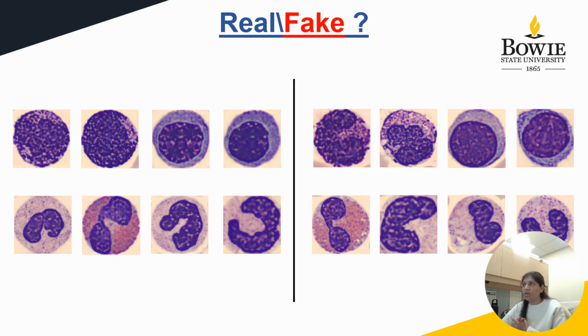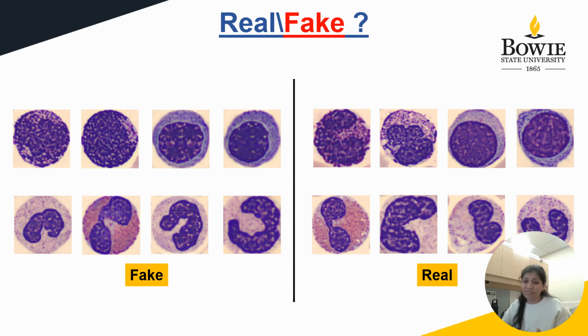Now I have a small query about the real and fake images. Here are two different parts, and I am giving around 5 seconds. I pause for 5 seconds and ask which part is real and which part is fake.